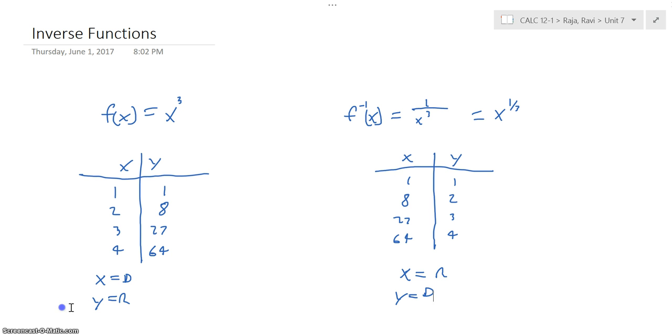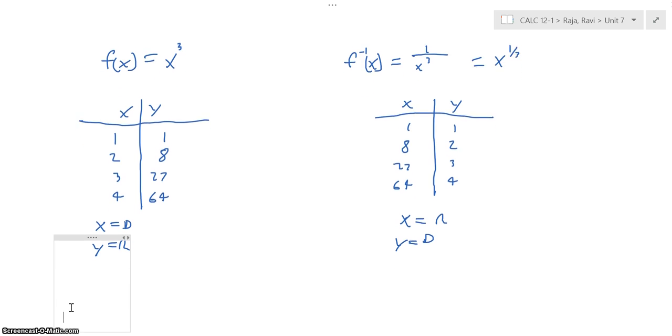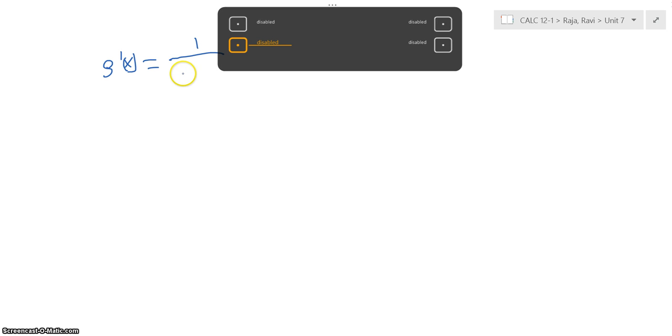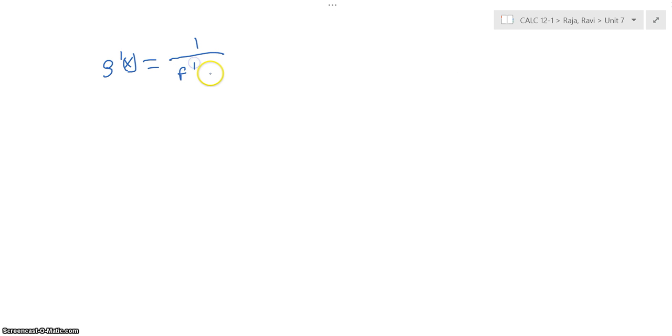So we move on to something that's more geared towards calculus now. The major key of it was Theorem 2 in the textbook, which stated that g prime of x is equal to 1 over f prime of g of x.